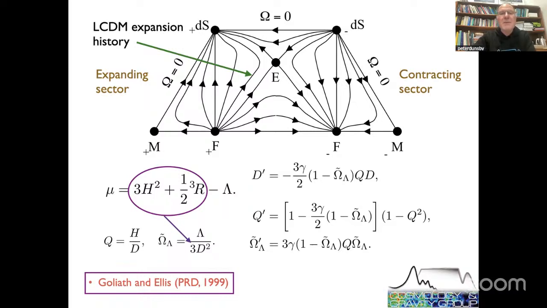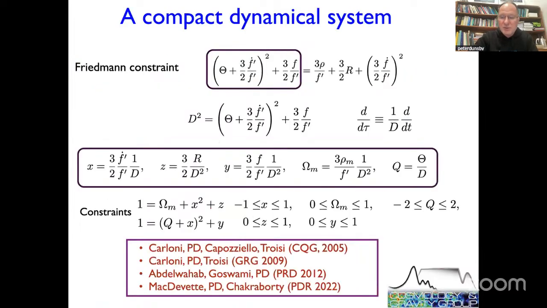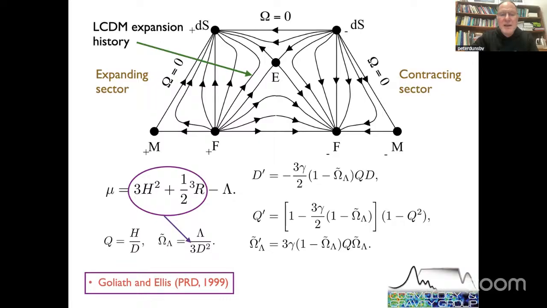So here we have the phase portrait for all these models. The left-hand side of the portrait corresponds to expanding solutions. The right-hand side corresponds to contracting solutions. Oh, excuse me, let me go back. Of course, in the center of this phase portrait is the Einstein static solution, which is a saddle point.